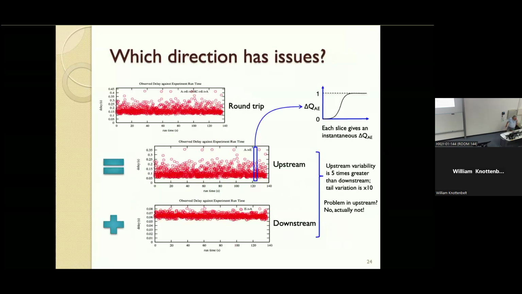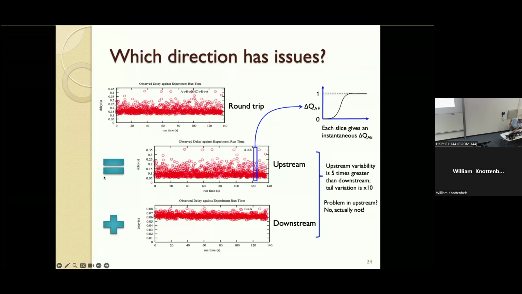Okay, so let's now talk about how the system is behaving, some of the results. Here we have observed delay against the experiment runtime. Horizontally, we have the runtime from 0 to 140 seconds. We have delay, okay? Each of these little points is a packet in the system. This gives you a lot of information. This was the delay for the round trips from A to E, and then back from E to A again.